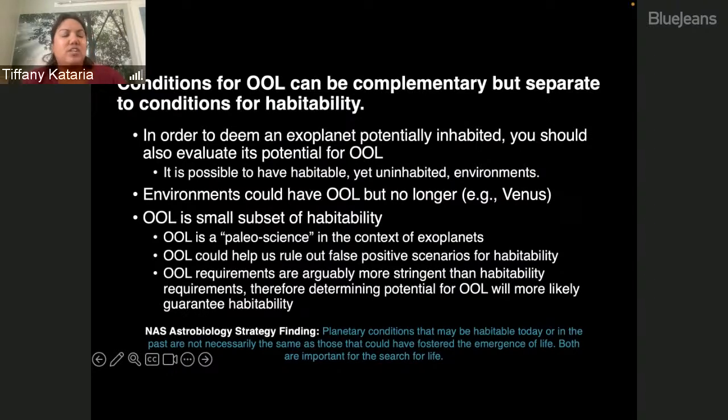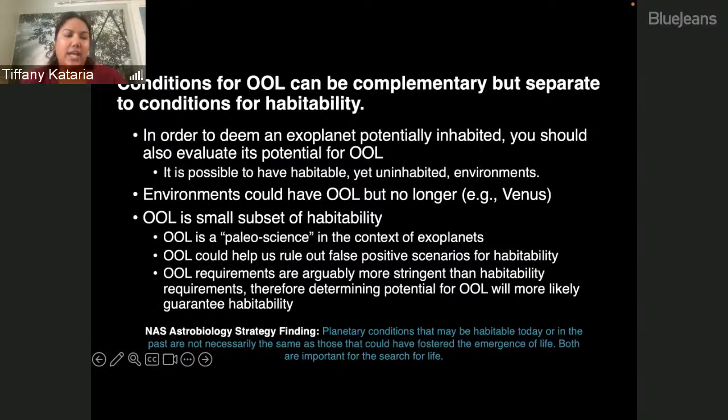I think I've already mentioned that in the geologic context, it could be considered a paleoscience of sorts in the context of exoplanets. Our understanding of origin of life on exoplanets could in fact help us rule out false positive scenarios for habitability. And because there are arguably more stringent criteria for origin of life than for habitability, the idea that we could identify a planet that has the potential for origin of life will make it even more likely to guarantee habitability.